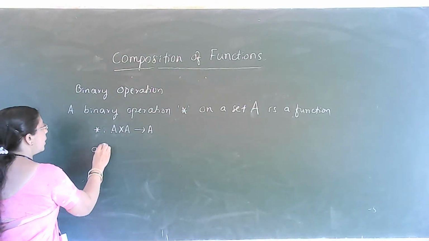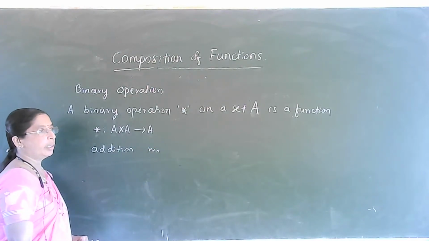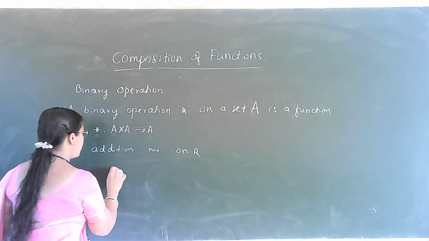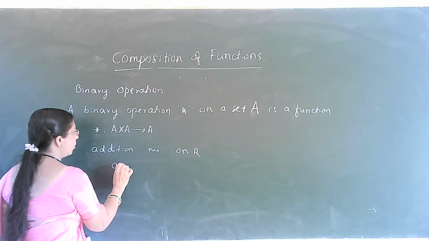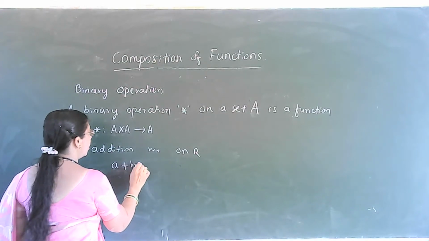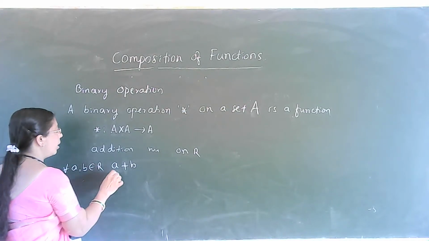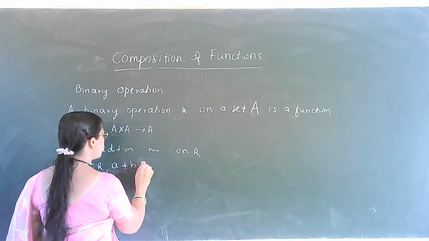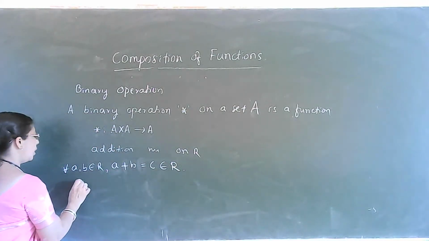Here, take addition, multiplication, and subtraction on R. A star B means A plus B for all A, B belonging to R. A plus B equals C, which belongs to R itself.